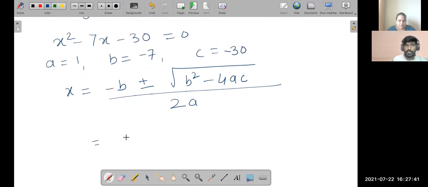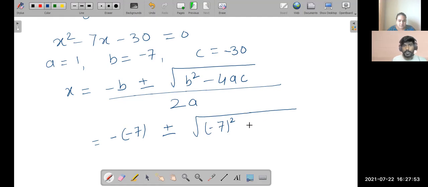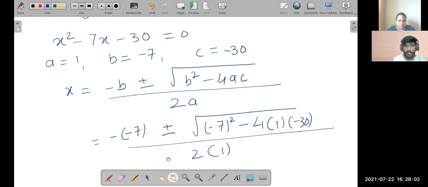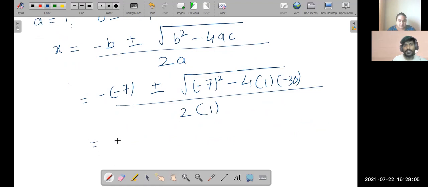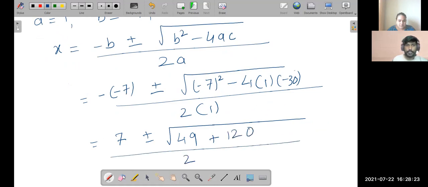Substitute the values: minus of minus 7 plus minus under root of minus 7 square, minus 4 into A is 1, C is minus 30, divided by 2 into A, that is 1. So minus into minus is plus, so this becomes 7 plus minus under root of minus 7 square is 49, and minus into minus is plus, and 4 into 30 is 120, divided by 2.